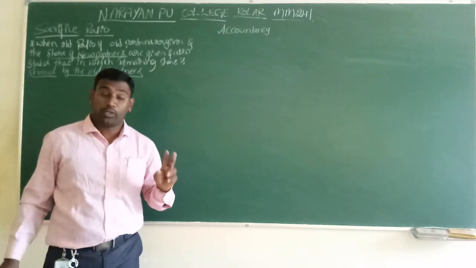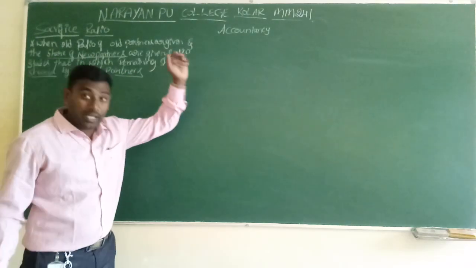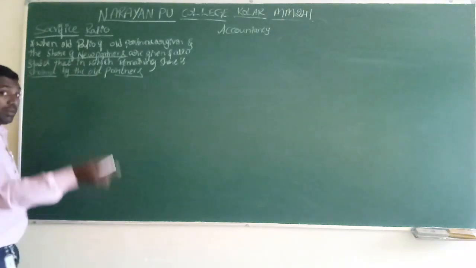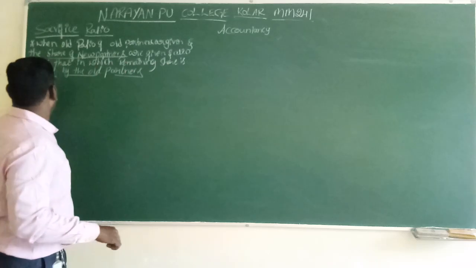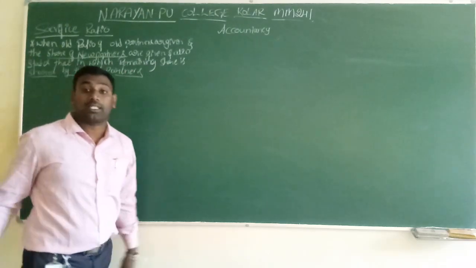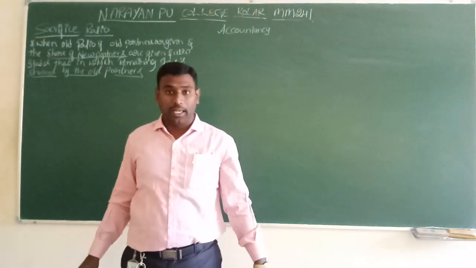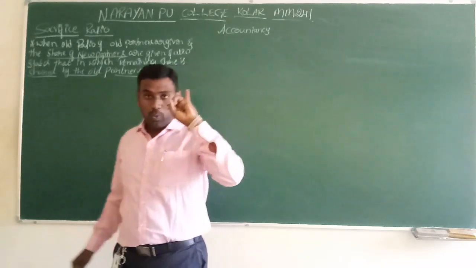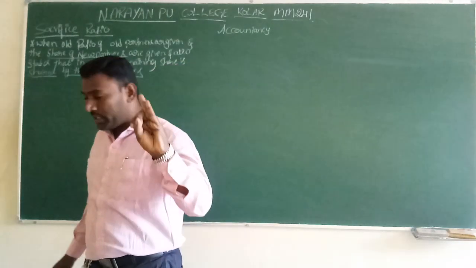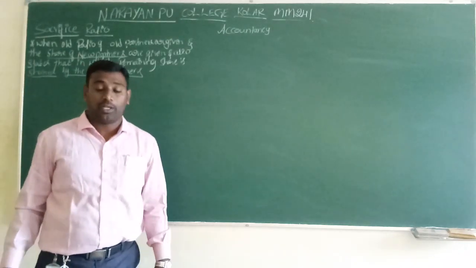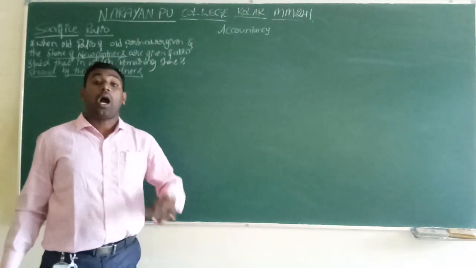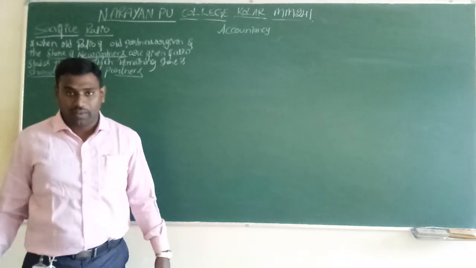That is the portion of the new partner's share. And one more thing is given here: the remaining share is shared by the old partners, which is nothing but the agreed share. See here, first the old share is given, the new partner share is given, and the agreed share. When these three things are given, how do we calculate the sacrifice ratio?